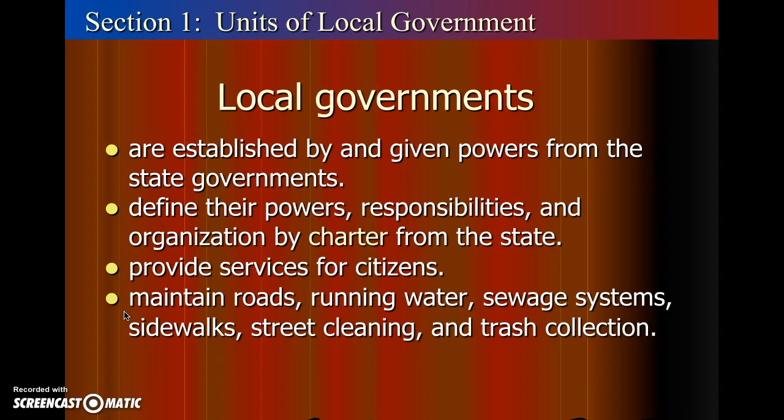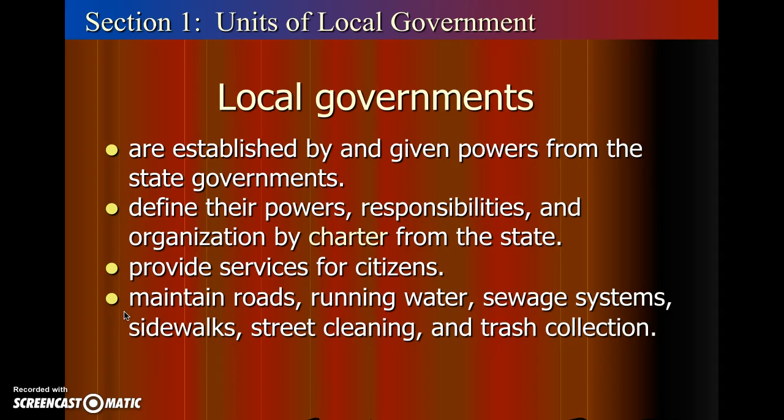And then trash collection. Again, towns can do what they want to do. They can either have their own equipment and people that go around and pick it up, or they can do what Pierce does, and Pierce actually contracts this out to someone else. There's a business in Pierce, and their job is to go around and collect the trash.